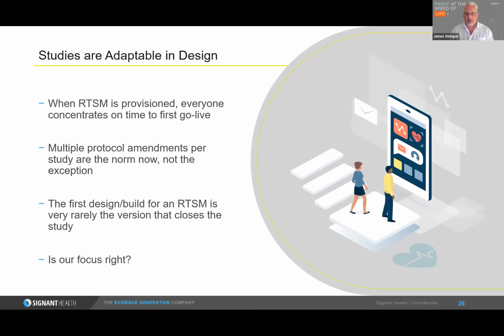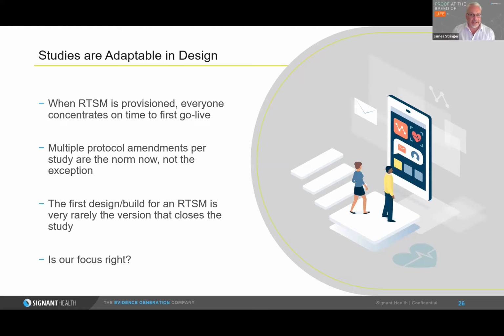We know that there's going to be a change of some description, which more than likely will affect the RTSM. So now if we're looking at individual functions and we're building for that first patient in, the question becomes, is that the right focus? It is, it isn't, the opinions will vary. I personally think that we as the industry, and Signant as a vendor, can be a bit smarter about this.